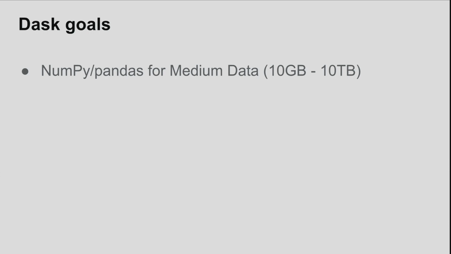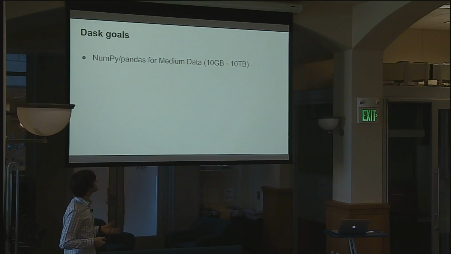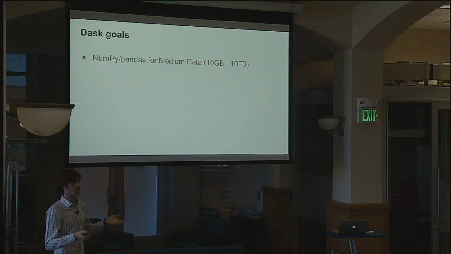So dask is a tool that tries to extend these scientific computing tools in Python, like NumPy and Pandas, to working with medium-sized data sets. I guess I kind of lied when I said big data, but big data is sexy, so hopefully you'll forgive me. The reality is that most of the world doesn't really have big data where you need a supercomputer or a giant cluster of machines.